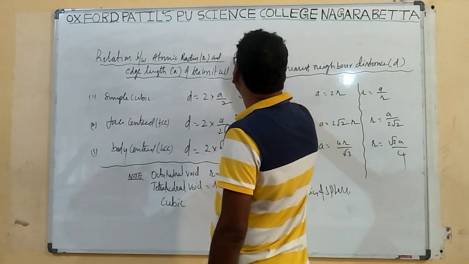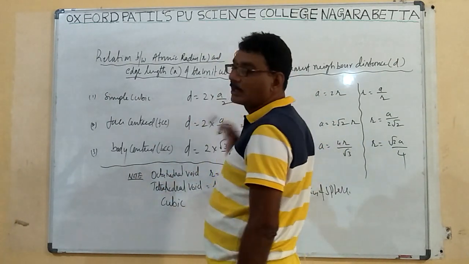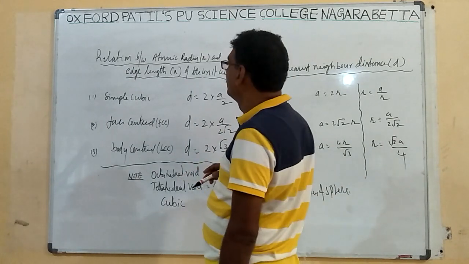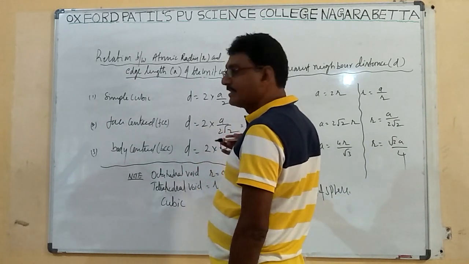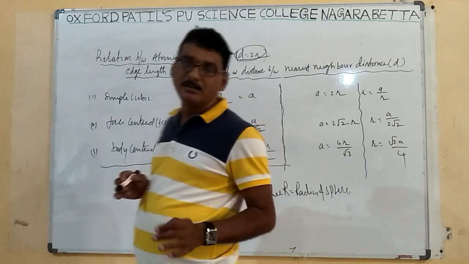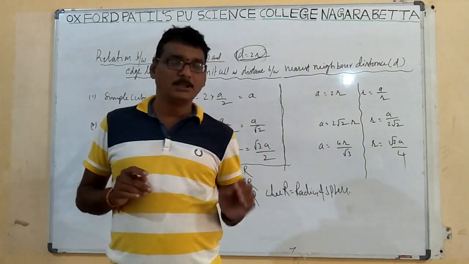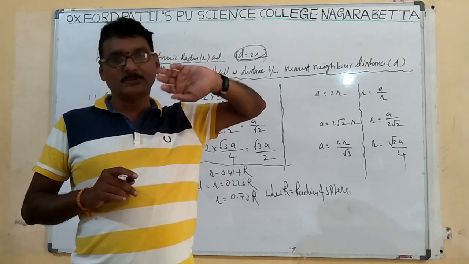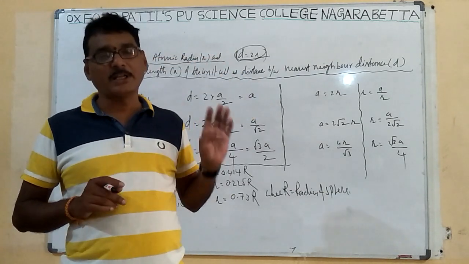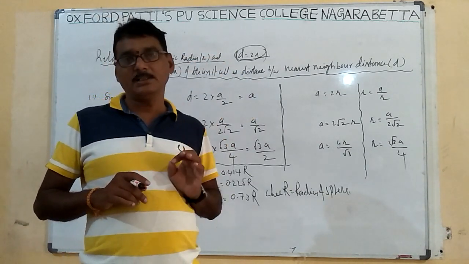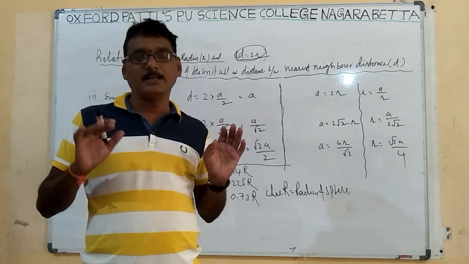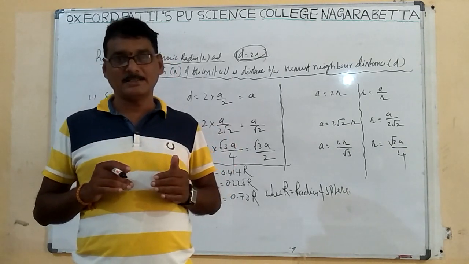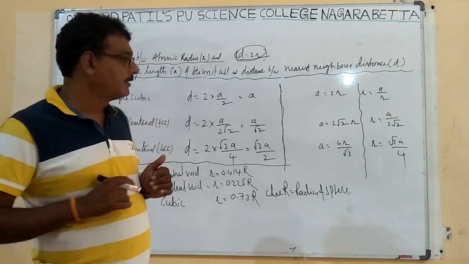What are the relations? This is purely objective oriented. Once the above three diagrams are completed, you can use one idea about the radius or edge length or nearest neighboring distance, that is equal to d.